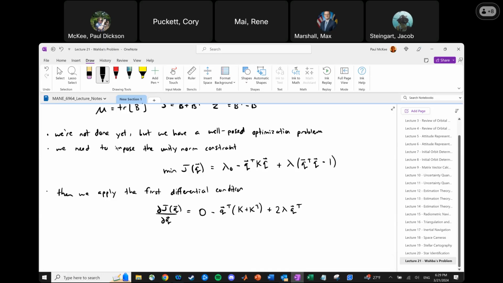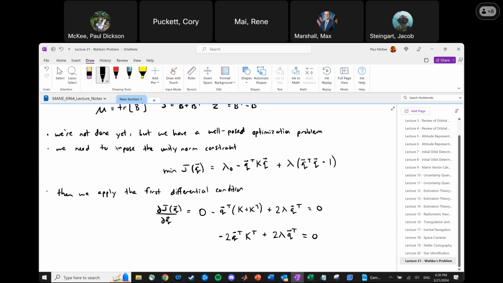So ultimately what we arrive at is this: K plus K transpose, because K is symmetric, we can really think of it as negative 2 q transpose K transpose plus 2 lambda q transpose. All right, this is about to get really snazzy in a minute. All of this equals 0, right? Because that's the whole point of the first differential condition.